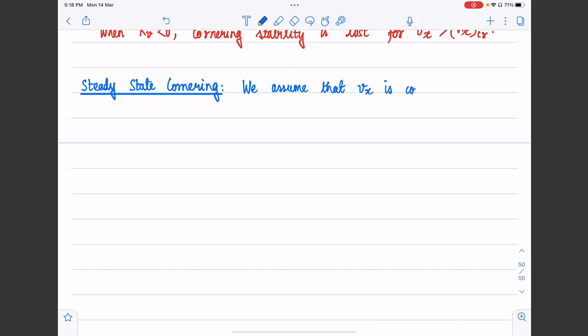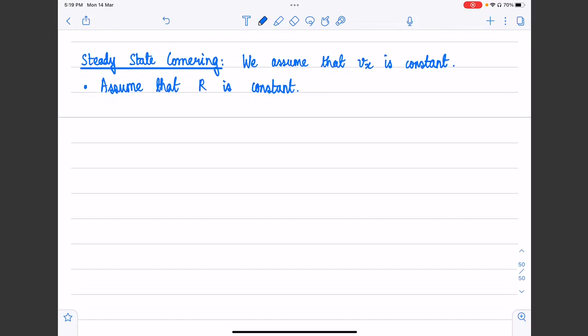But more importantly, we assume that R is constant. This is the more important assumption: we assume that the radius of turn is constant. So this means that, let's say our vehicle is going straight, I give a steering angle input, and then it reaches a steady state.